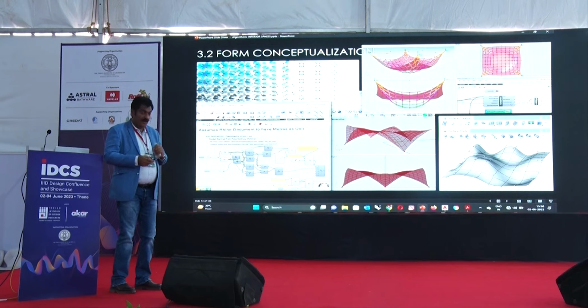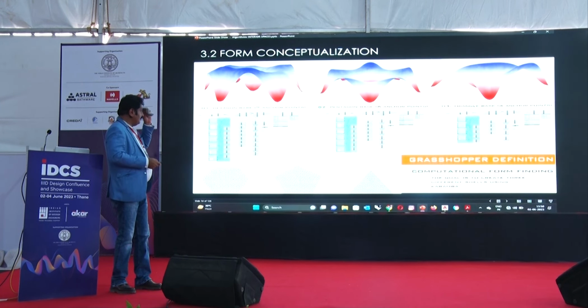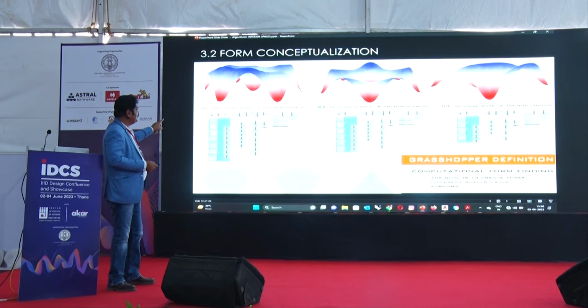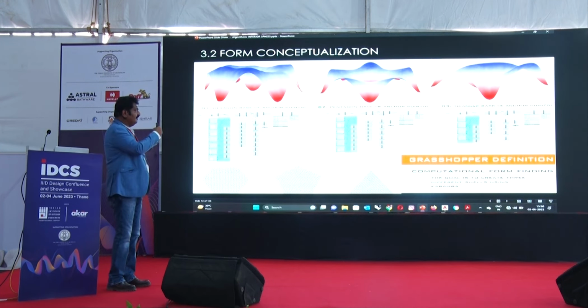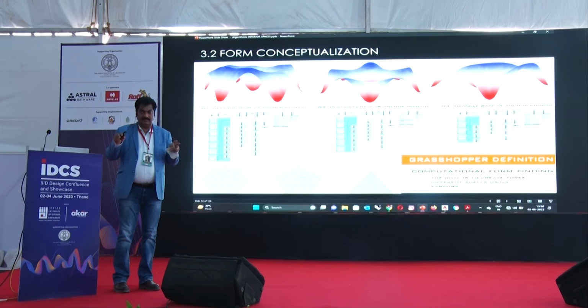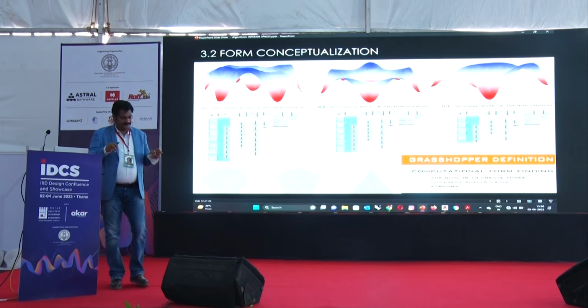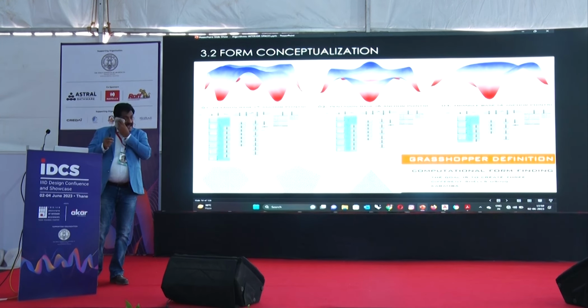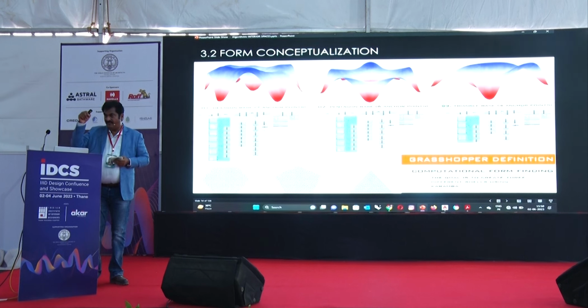I'll tell you exactly how. This is an example. I made one circuit. That circuit helps me to get different iterations, different alternatives of one form, so that I can actually decide on my form itself.